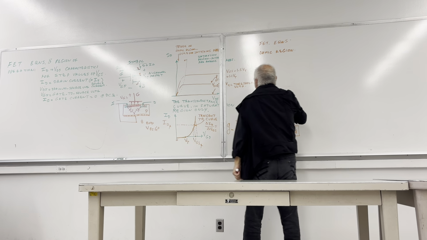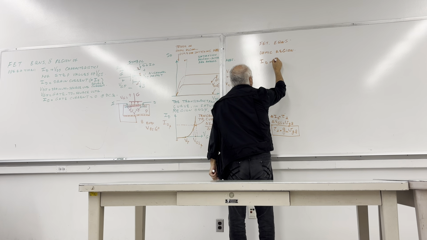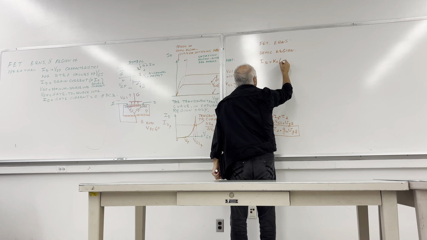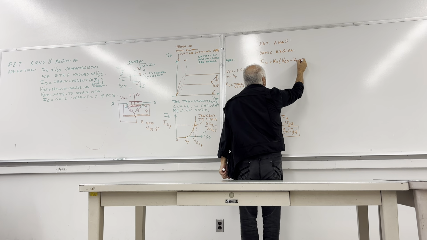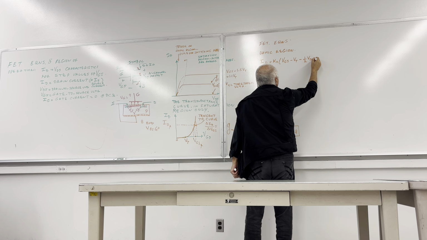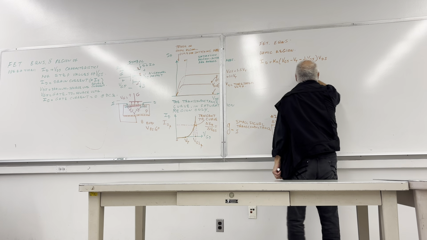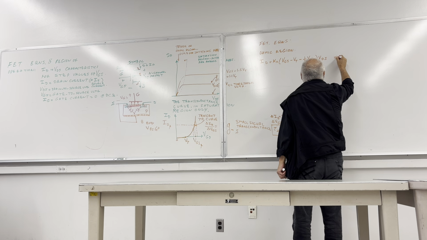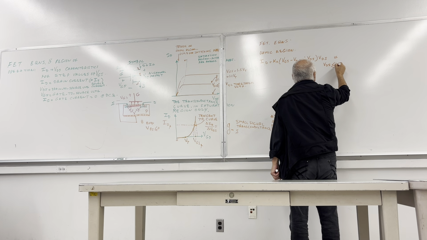Ohmic region. ID is going to be equal to Kn times (VGS minus VT minus 1/2 of VDS) times the VDS, only for the condition that VDS happens to be less than or equal to VGS minus VT.